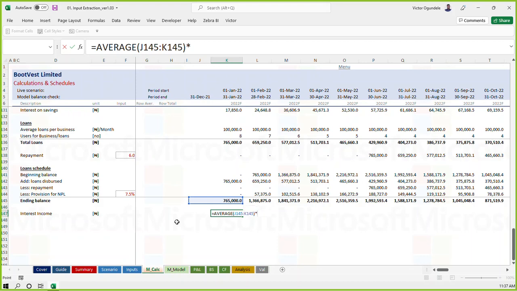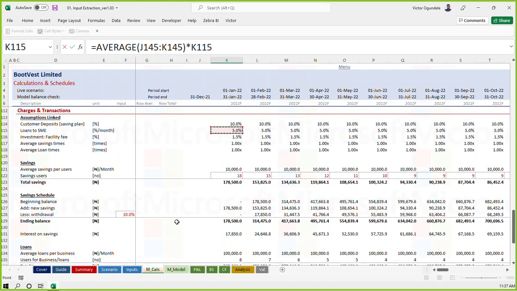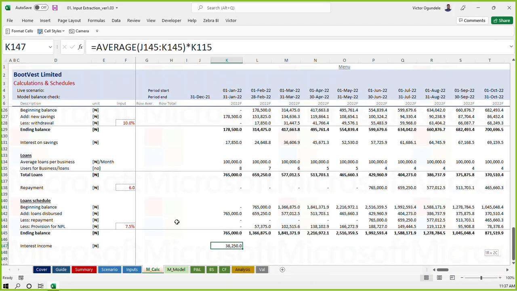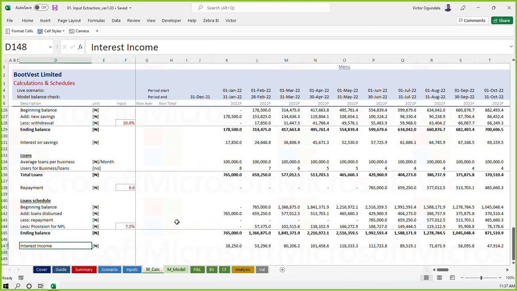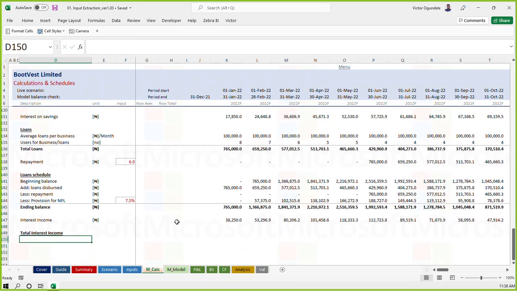Then multiply by our loan rate. Our loan rate here is 5%. Then we have that. So now let's calculate our total interest income. That will be our interest income that we have here.